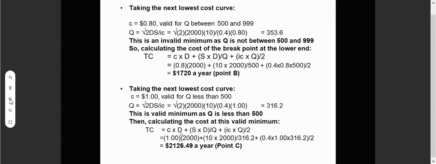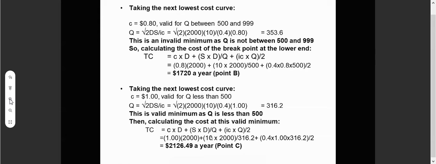So we calculate the cost at this valid minimum as the optimum order quantity is valid. To calculate the total cost, the value of Q must be based on the optimum order quantity of 316.2 units.